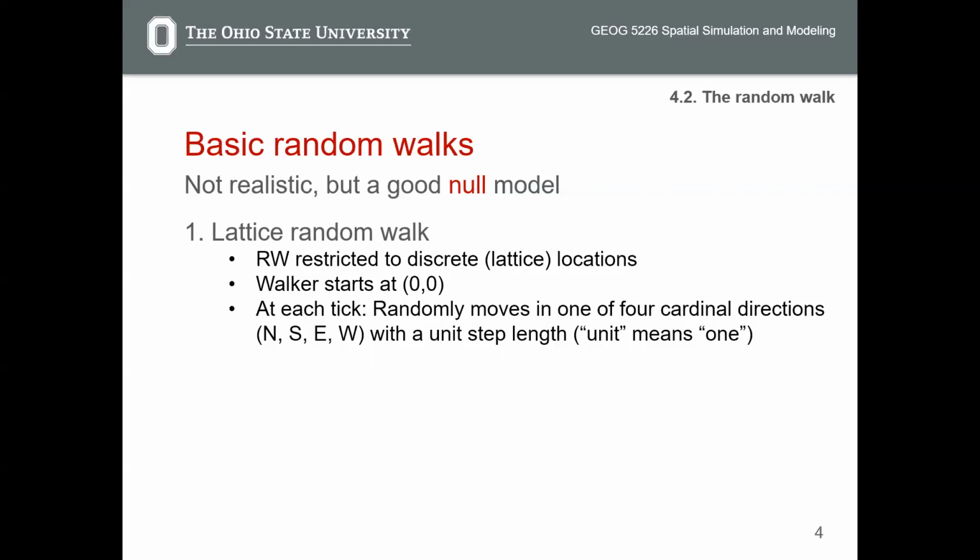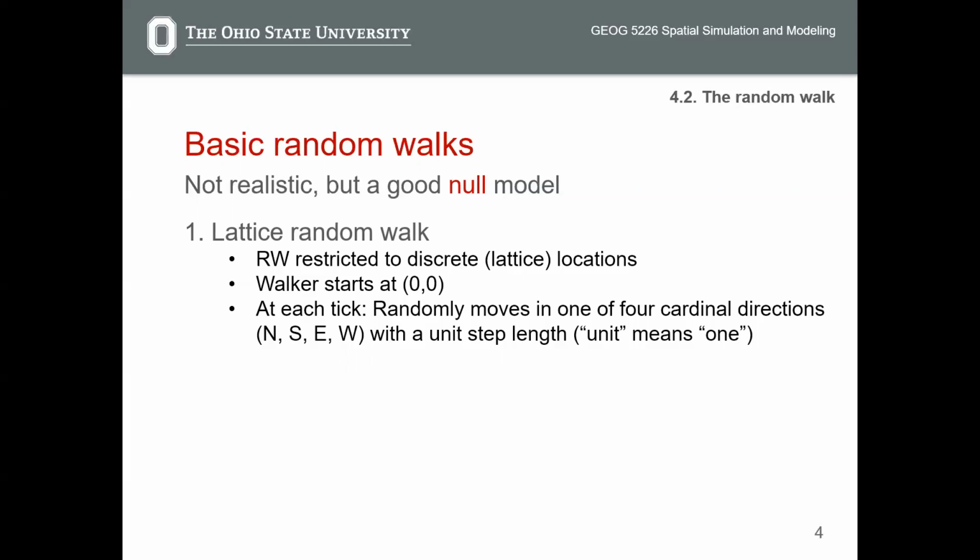At each tick, this walker randomly moves in one of 4 cardinal directions with a unit step length, okay? So here the simplicity, you can say, is only 4 directions. Choose one from 4 directions to move. And also for each step, it moves for a unit length. On a lattice, usually a unit length is the distance from one cell's centroid to its neighbor cell's centroid.